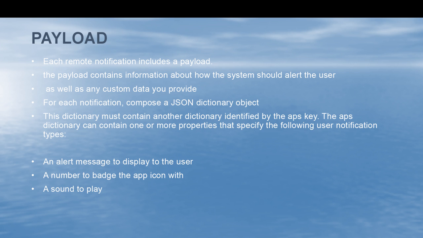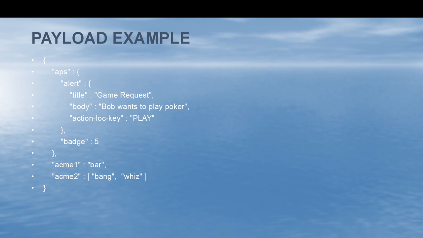The APS dictionary can contain one or more properties that specify the following user notification types: an alert message to display to the user, a number to badge the app icon with, and a sound to play if you want to. And here is an example of payload. On the top we have the APS key, then alert, which contains title and body, and the badge and any other custom data.